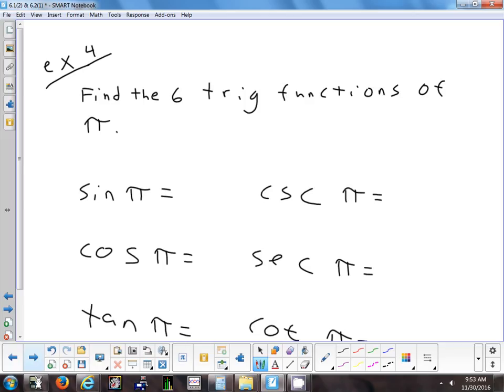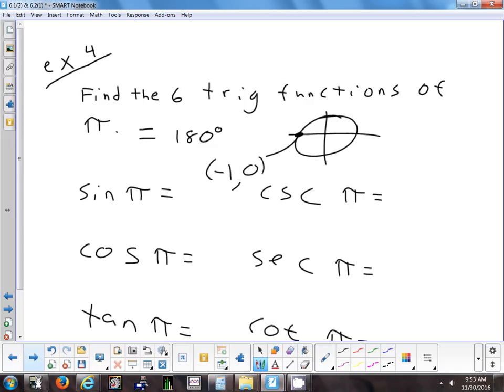Anybody remember first what that is in degrees? 180. Yep. And if you draw 180, where's 180? Left. And what's the coordinate there? y is 0, so -1, 0. And you're going to get the same kinds of answers.